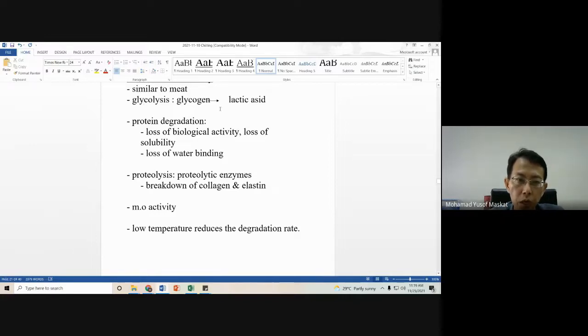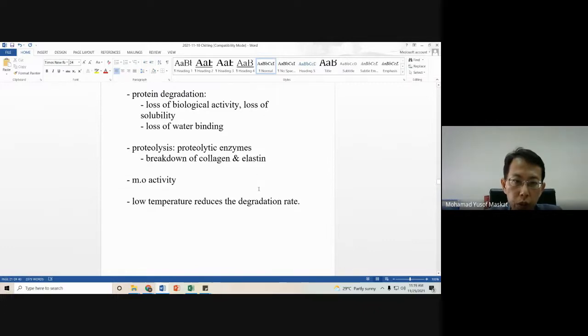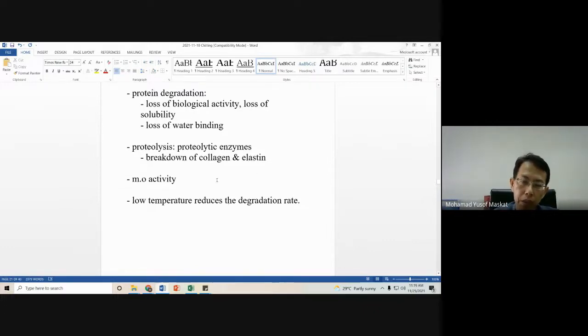And then also proteolysis, due to proteolytic enzymes. Proteo means protein, lysis means the cutting of proteins. These enzymes will break down collagen and also elastin. However, in poultry it is not as important as in meat, because poultry in general is considered a tender meat.